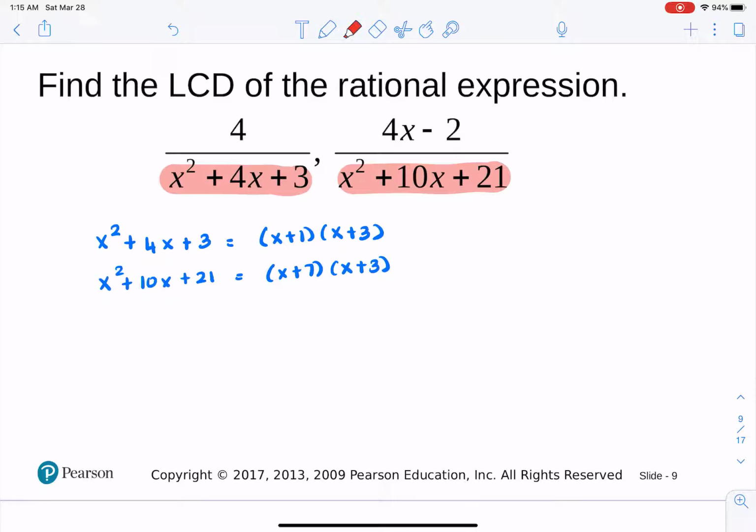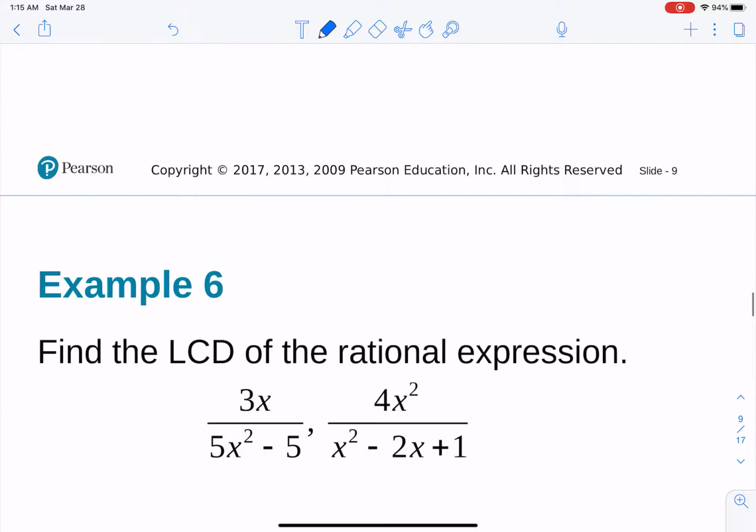Between those two denominators, we have x plus 3 in common. So the LCD is x plus 3, and there is nothing common between x plus 1 and x plus 7, so we simply write it down. So the LCD is x plus 3 times x plus 1 times x plus 7.